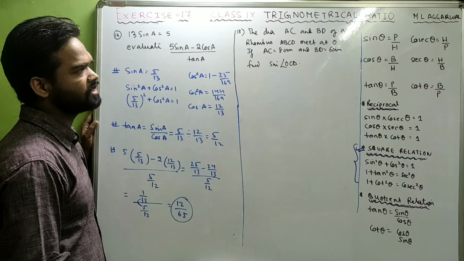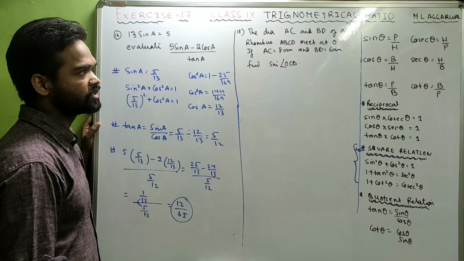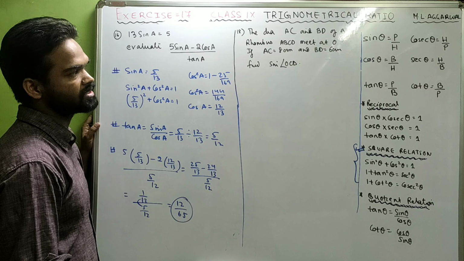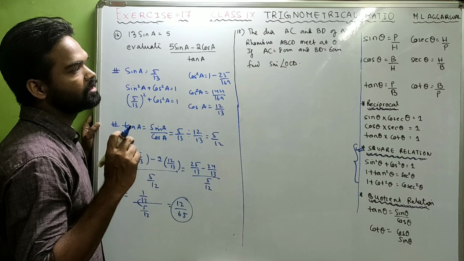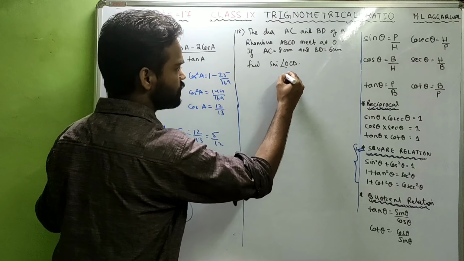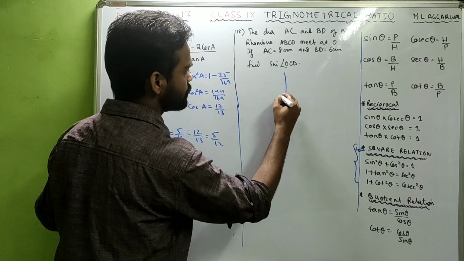The diagonals AC and BD of a rhombus ABCD meet at O. If AC is 8 cm and BD is 6 cm, find sine angle OCD. Very easy. First draw the rhombus.